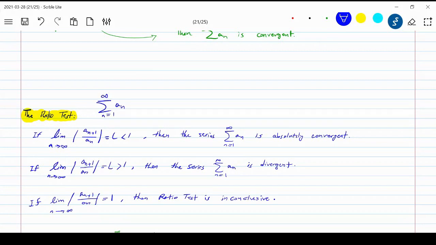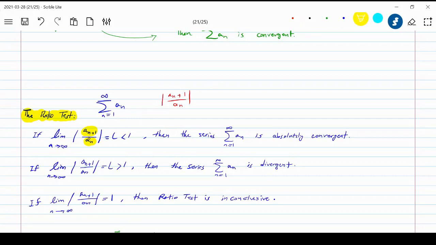If we're dealing with this series, we can look at the ratio. What do I mean by ratio? We can look at the terms an plus 1 and an, and we calculate the ratio of an plus 1 to an, and we take an absolute value of that.